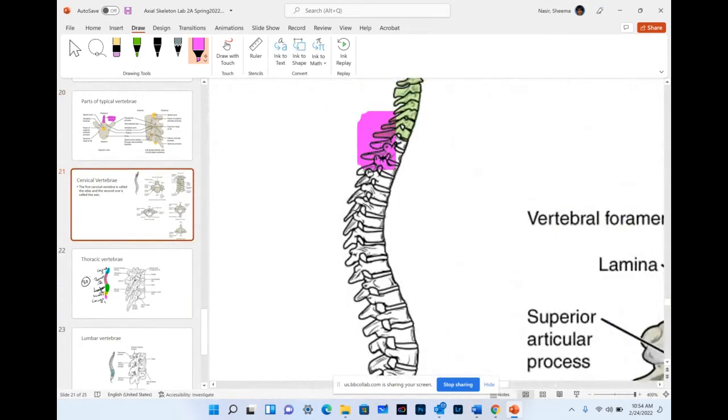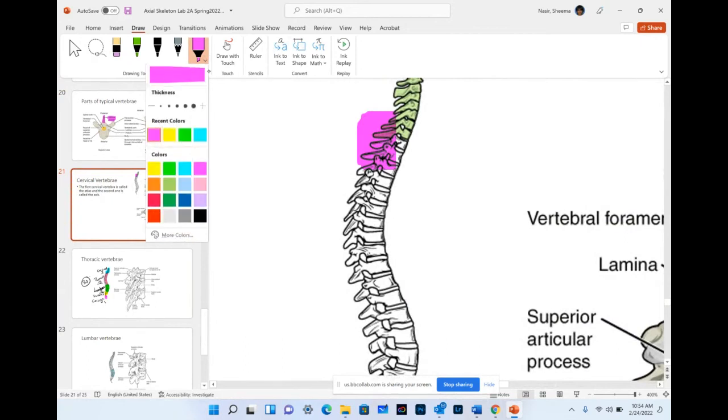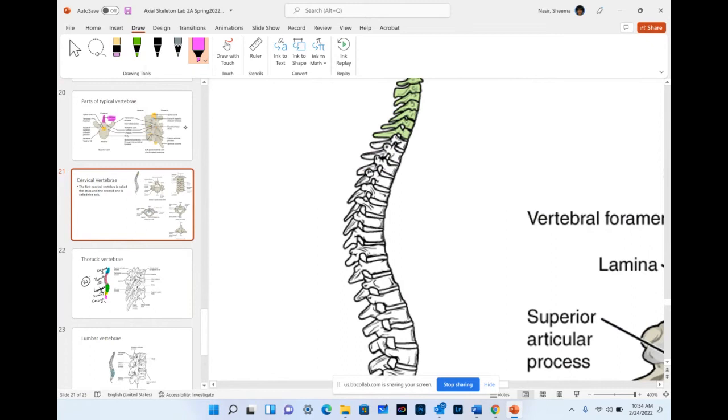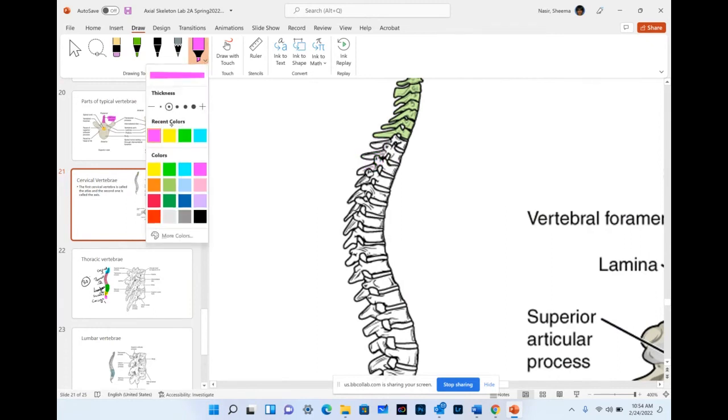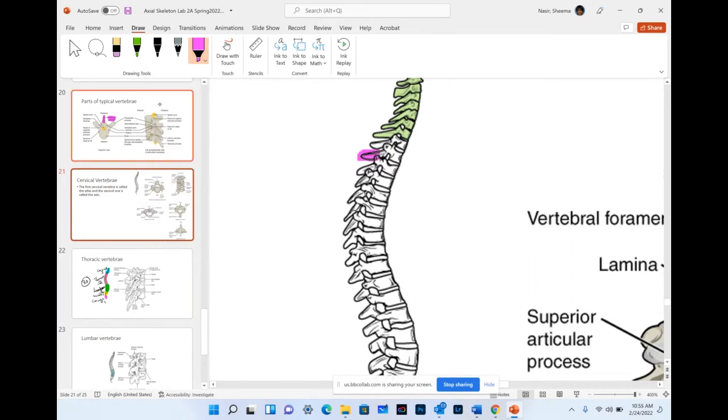You see these things sticking out? You see these things sticking out? These are the spinous processes that you feel in the back. Okay?